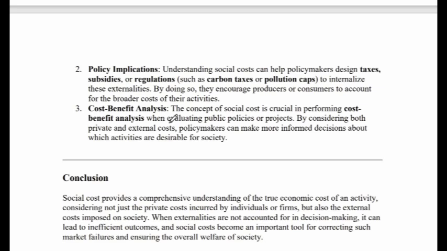Cost benefit analysis. The concept of social cost is crucial in performing cost benefit analysis when evaluating public policies or projects. By considering both private and external costs, policymakers can make more informed decisions about which activities are desirable for society.